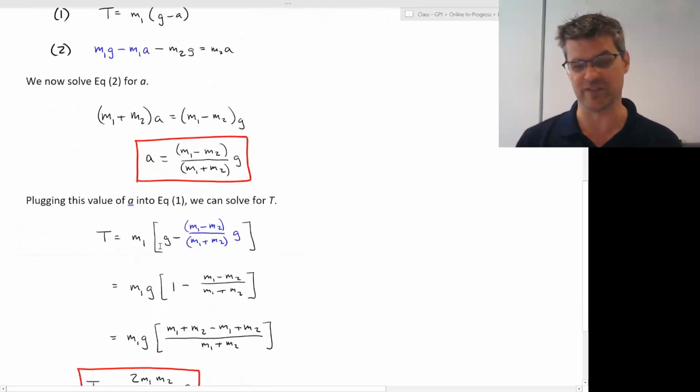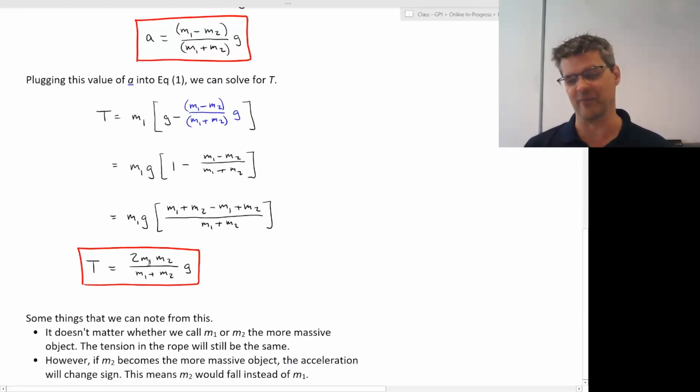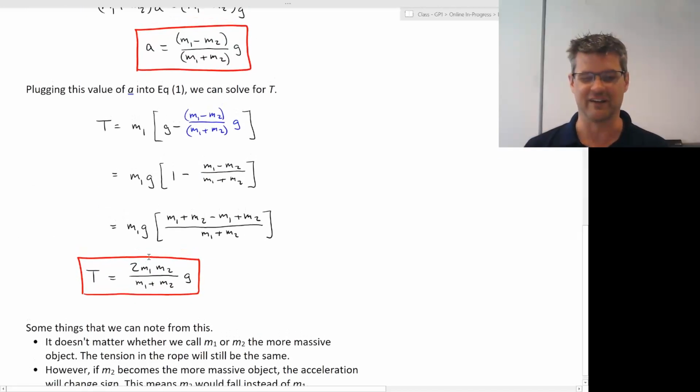Similarly, what's the tension going to be? Well, if M1 and M2 are very, very different, M1 times M2, 1,000 times 1, is essentially 1,000. M1 plus M2 is basically 1,001.